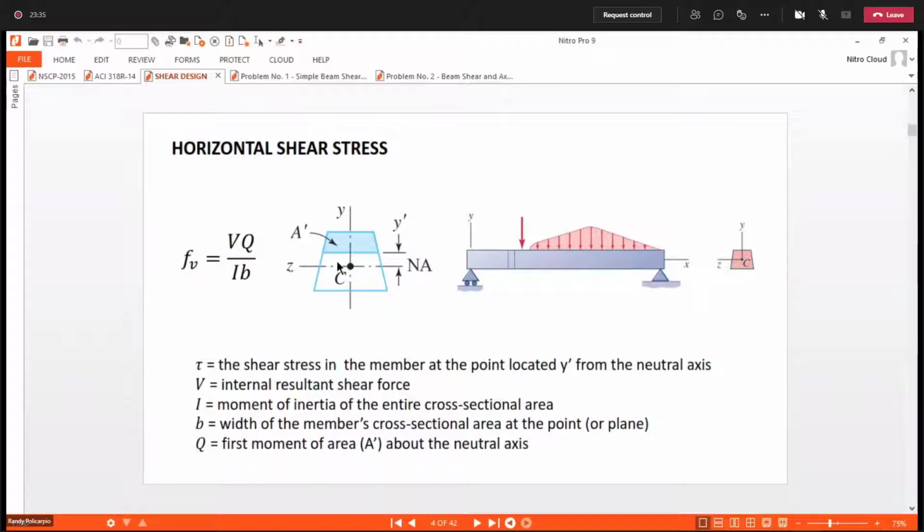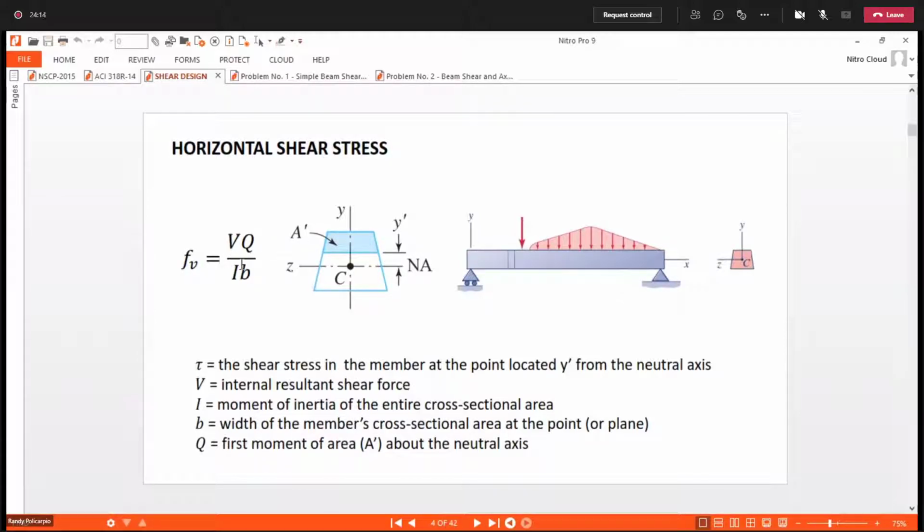Its moment arm is referred from the centroid of this area, from its centroid up to the neutral axis. That is known as the first moment of an area. You get this area which is above the point where you're trying to get the shear stress, this shaded part.